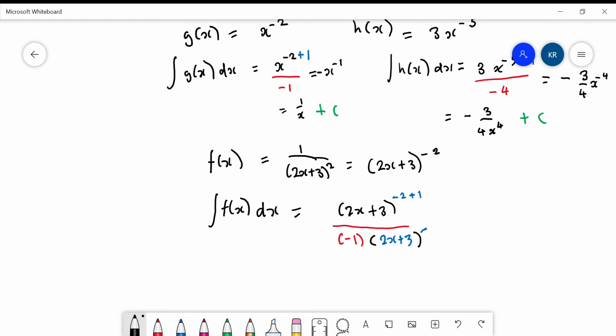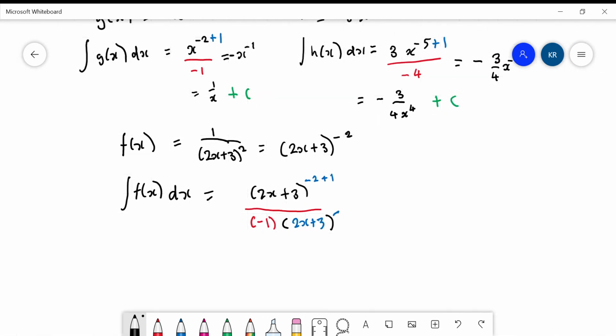So then if we do this, we would get 2x plus 3 to the power of negative 1. We have the minus here since we're dividing by minus 1, over, if we differentiate what's between the brackets, we get 2.